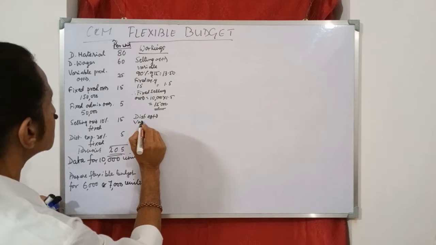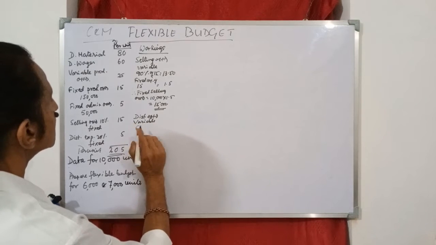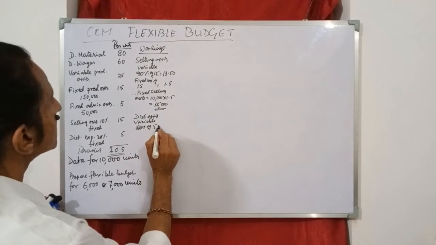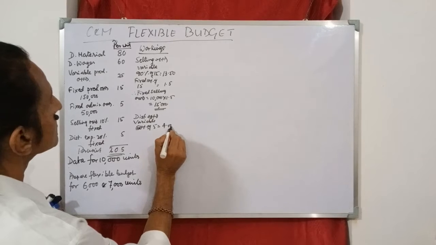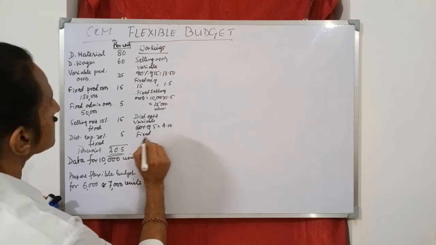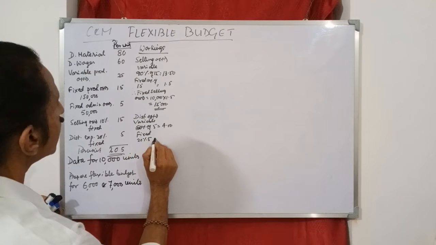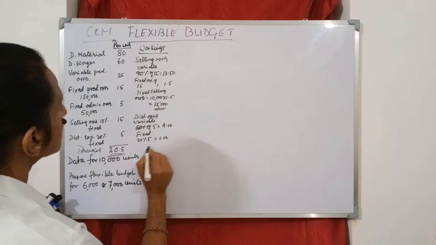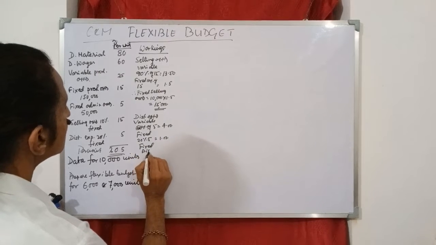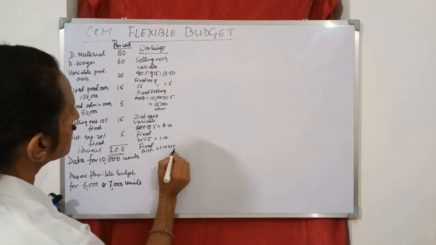So variable is 80%. 80% of 5 equals 4, and fixed part, 20% of 5 equals 1, that is fixed distribution overhead equals 1.00 into 10,000.